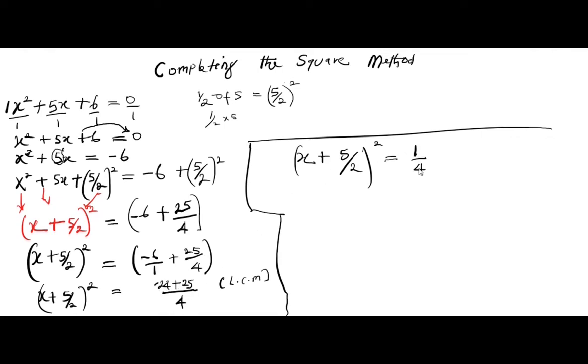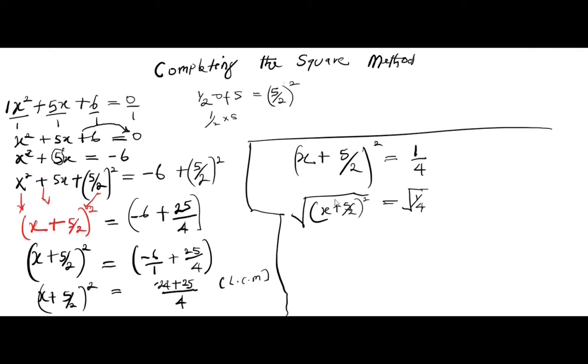Right, so the next thing is for us to eliminate this squared that is here. So we take the square root of everything here. We have x plus 5 over 2 all in squared equals to square root of 1 all over 4.